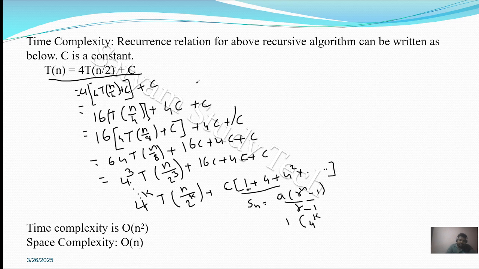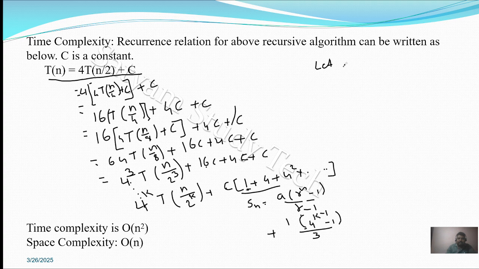So here it is 4 power k minus 1 by 4 minus 1, that is 3. Here you can see 4 power k. Now you can solve this problem.